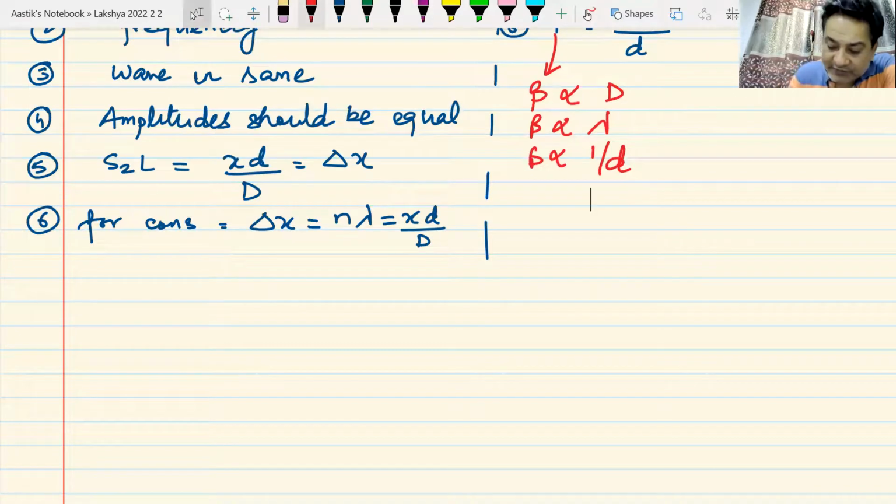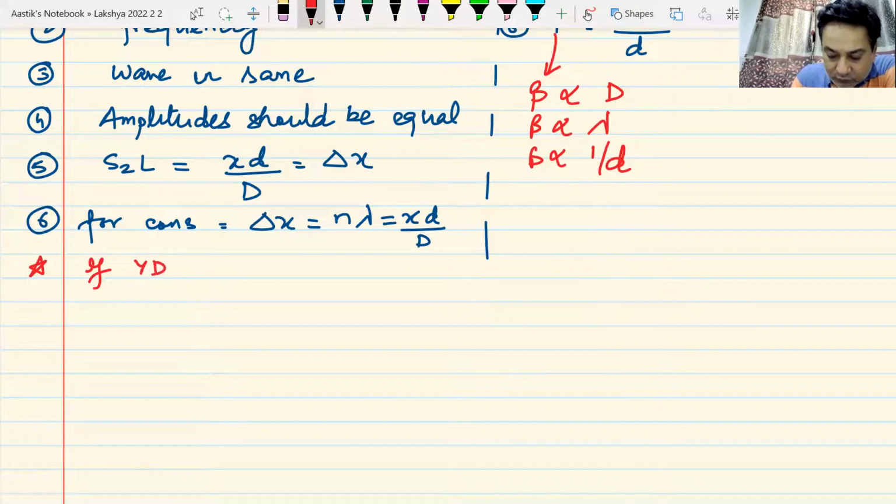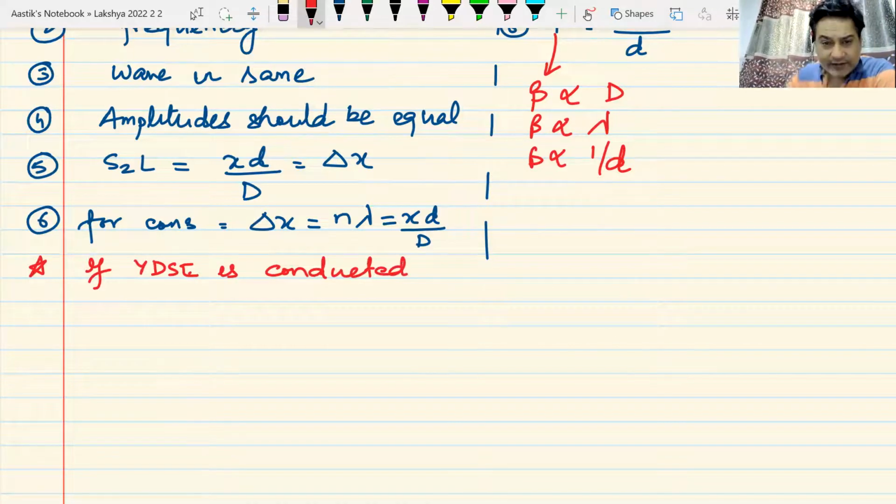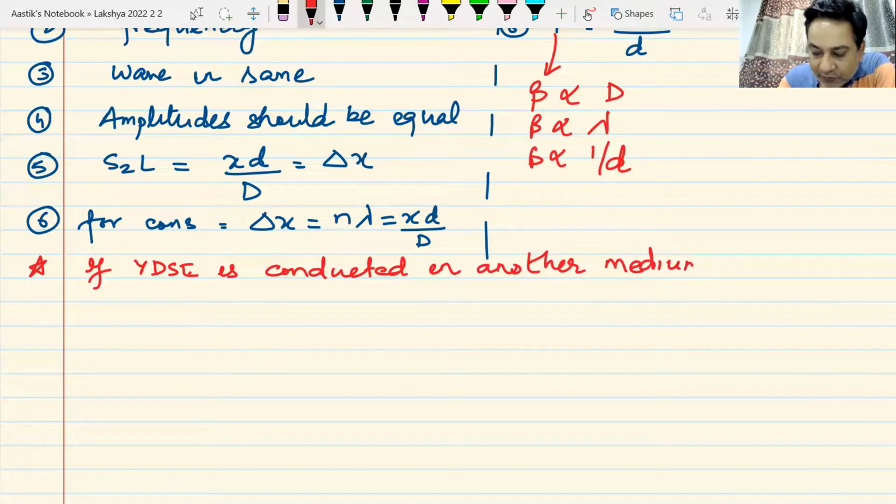Okay, sir. Then one more important thing that you must remember. Sometimes a question is asked: if YDSE is conducted not in air, if the YDSE apparatus is dipped in another medium, and this is a very important point, and this medium has a refractive index of mu, then what happens?